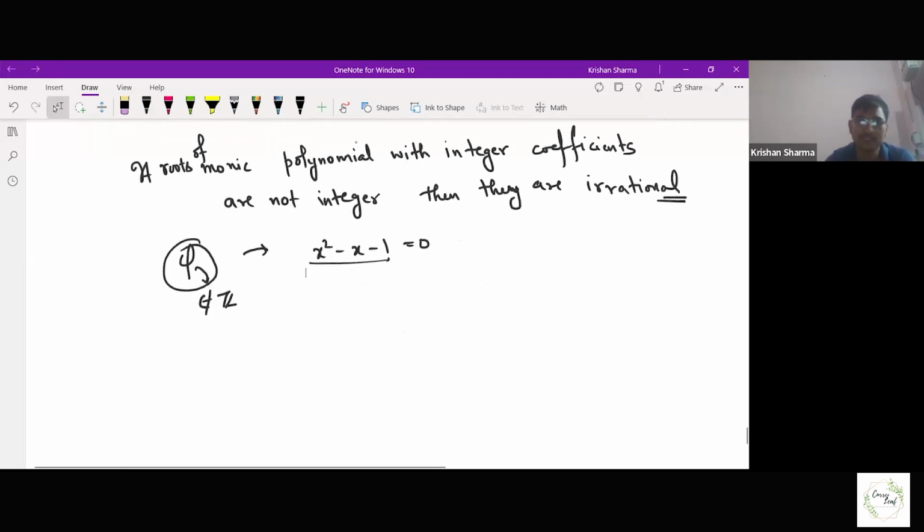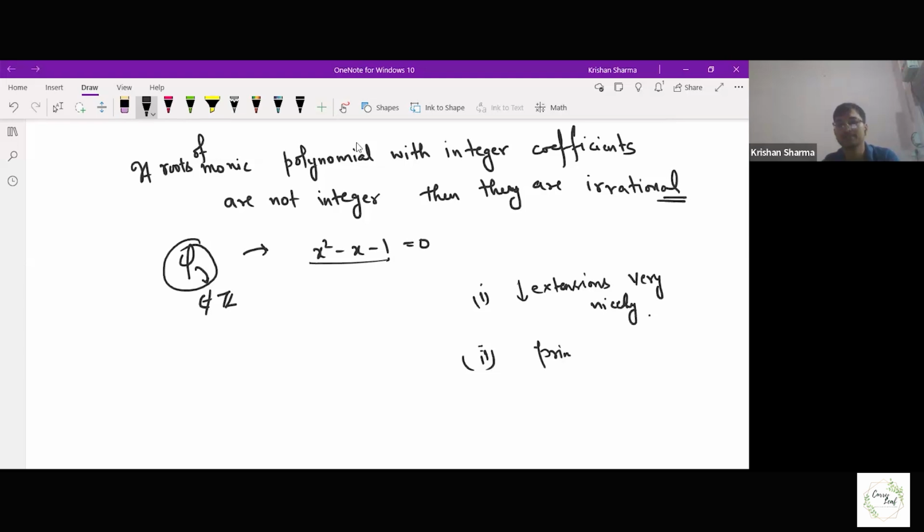So I hope I was able to deliver my point, the aim, of why this proof is important. In this proof you see we extended it very nicely. So firstly, we get the extensions very nicely, and second, for this proof you don't need prime numbers, factors, and all other things.